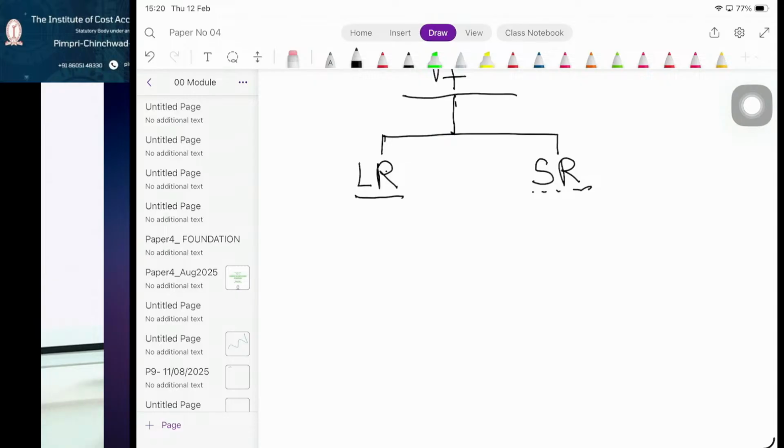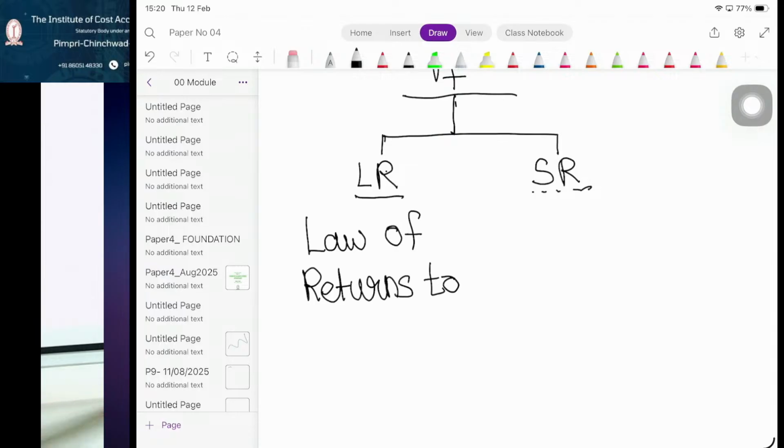The long run law is called the law of returns to scale, RTS.